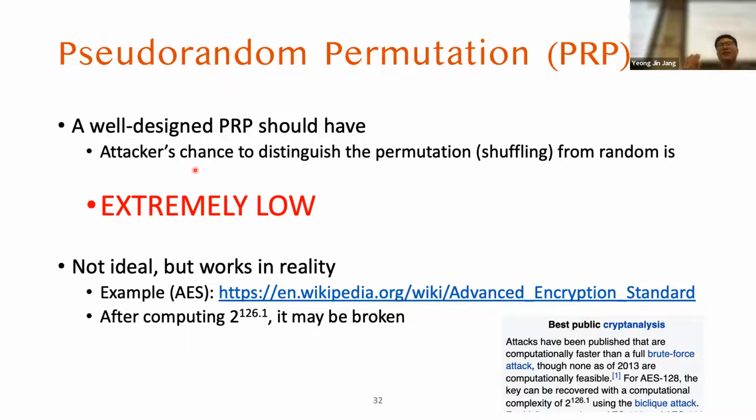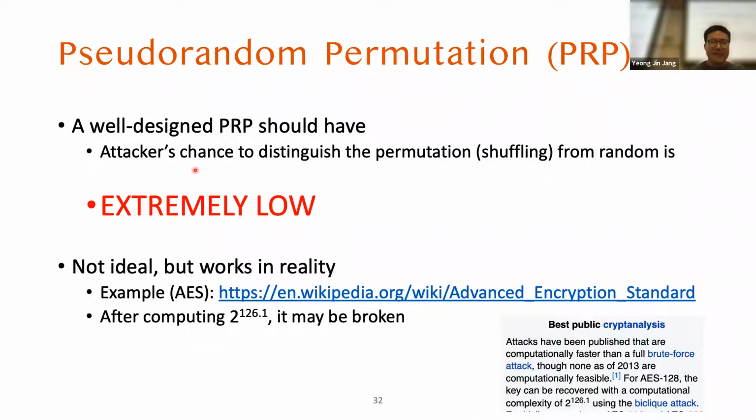It's similar to perfect secrecy and practical security. We cannot have a true random permutation, but if the engineered pseudo-random permutation exhibits behavior where the attacker's chance to correctly guess that it is not a random permutation is extremely low, then we can say it's secure. Likewise, if we have a lower bound of such high computational complexity that we cannot currently compute it with a supercomputer, then we can assume we are secure at this point.